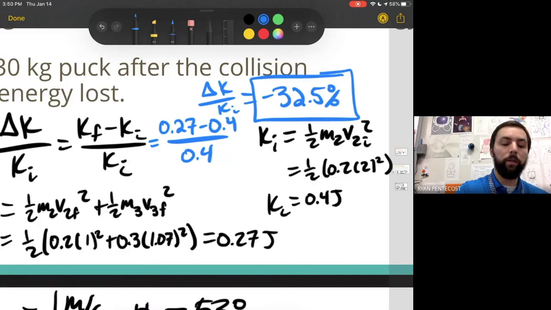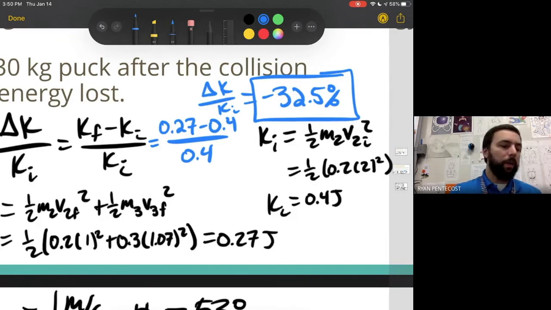So not only is there obviously some kinetic energy loss, but that is a large amount of kinetic energy that was lost during that collision. This is a big percentage of kinetic energy that was lost.